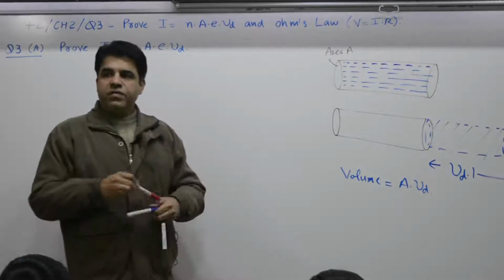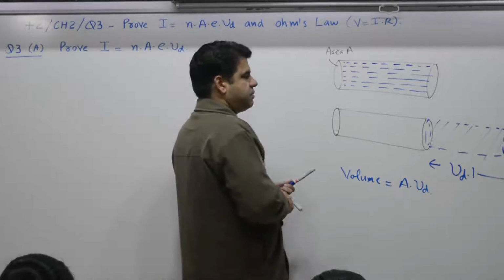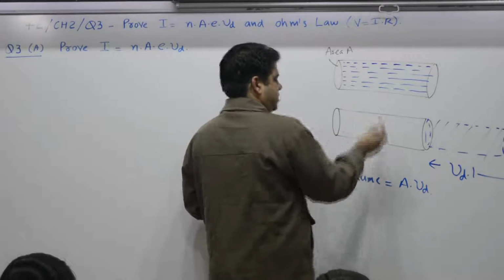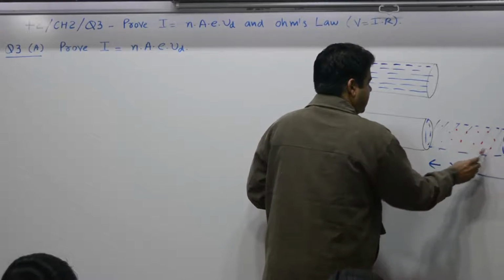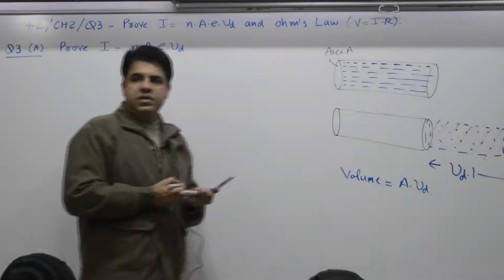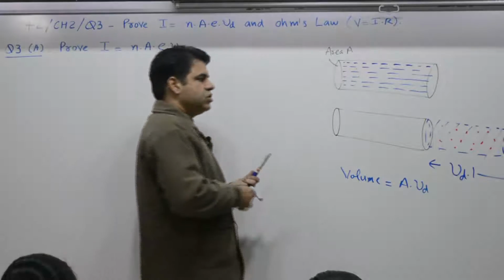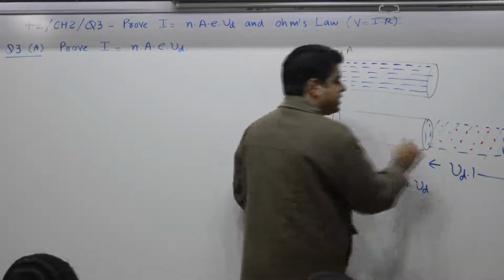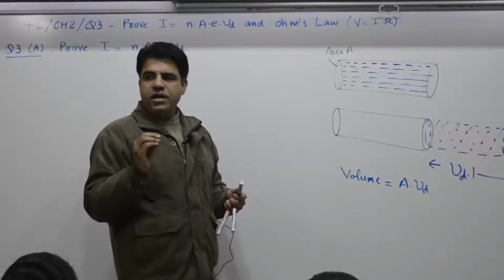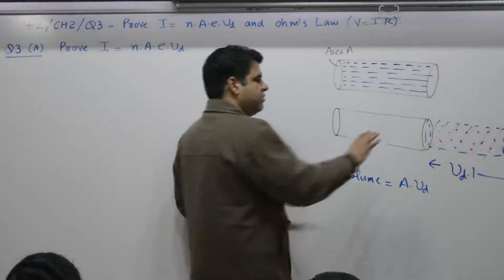If there are a certain number of electrons, say like dust particles in water, similarly you have electrons. If n is the number of electrons per unit volume, then suppose 100 electrons per liter and the volume is 10 liter.